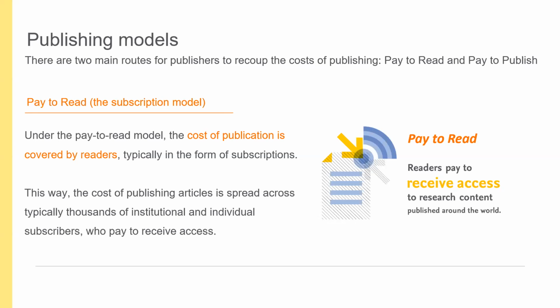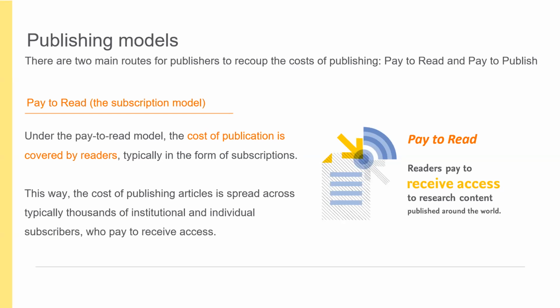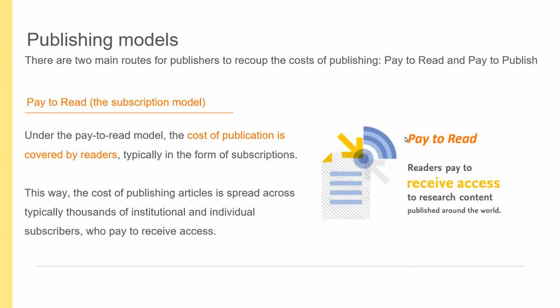So this is called pay to read. While you're submitting your manuscript to be published, you as an author don't pay anything, but the readers or other researchers, just to reach your paper after publication, need to pay. That's called pay to read, and most journals have that kind of model, the subscription model.